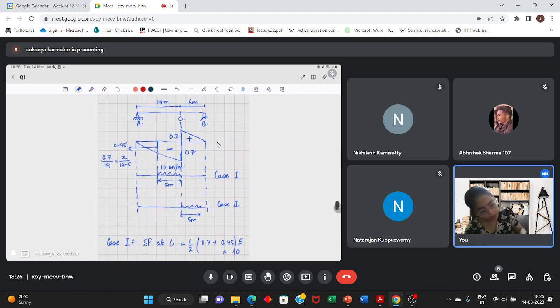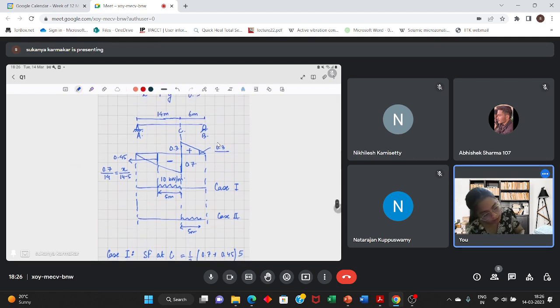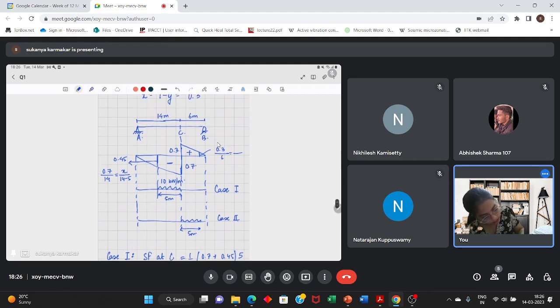So the height is 0.3, and the base is 6, and this is 5, and that side is 6 minus 5.